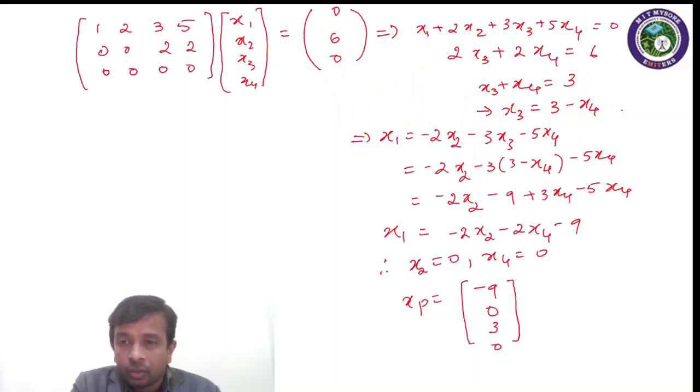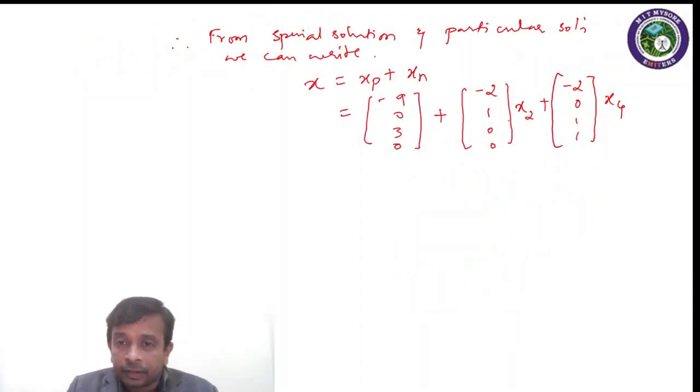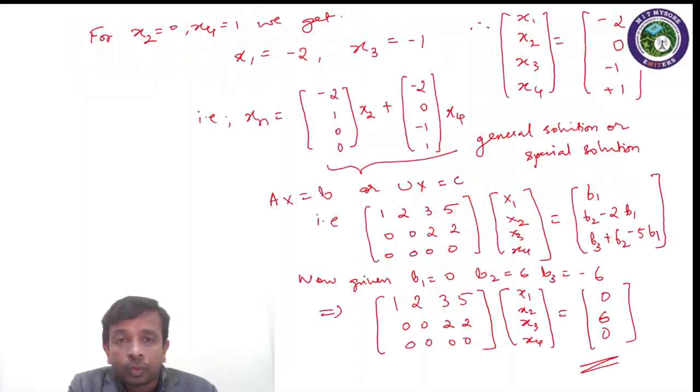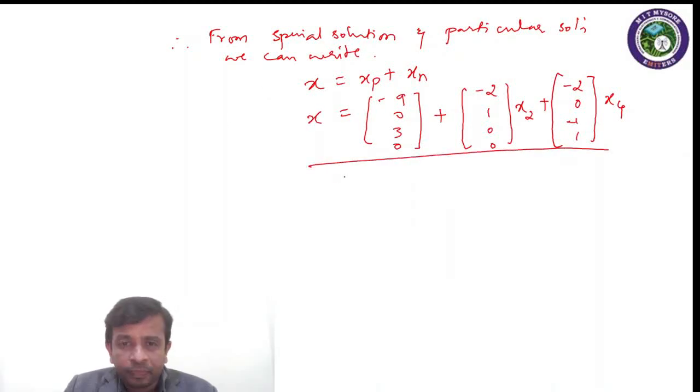Let me double check one more time. Yeah, minus 2, 0, minus 1, 1, minus 2, 1, 0, 0. So this would make the complete solution.